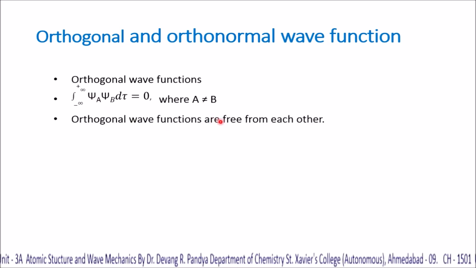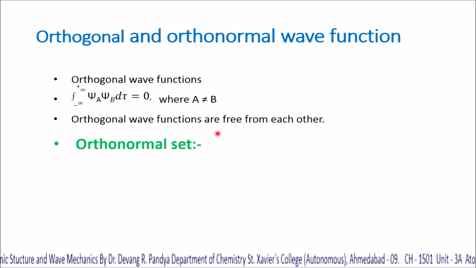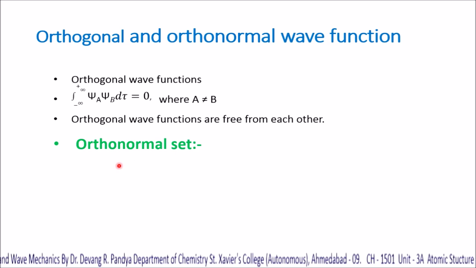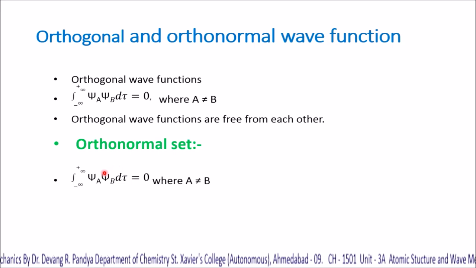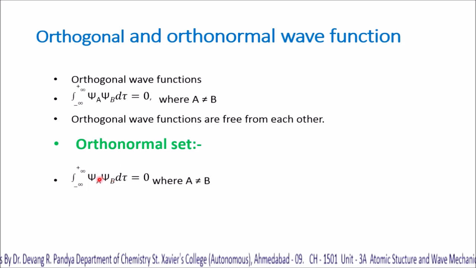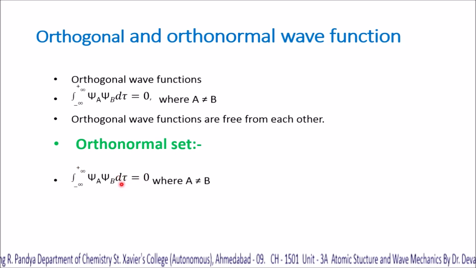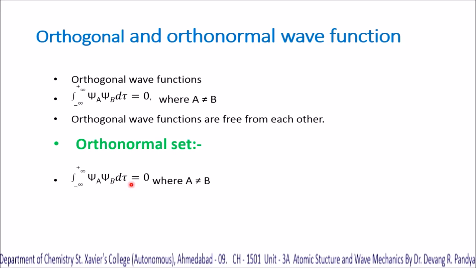Orthogonal wave functions are free from each other. They don't have any kind of relation. Now the orthonormal set: orthogonality and normalization simultaneously. If we have two wave functions psi a and psi b, and we take the integration, if the value is 0 over the volume d tau where a is not equal to b, it is called an orthogonal set.